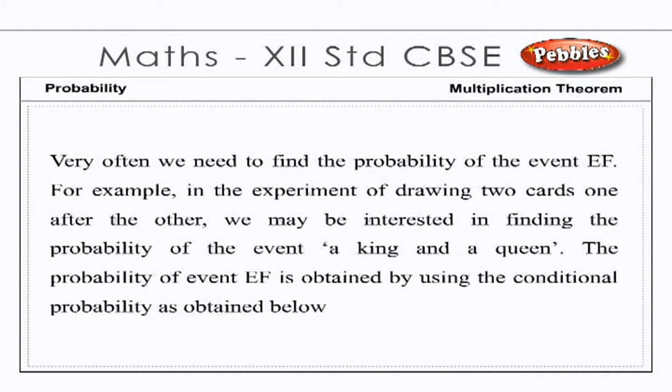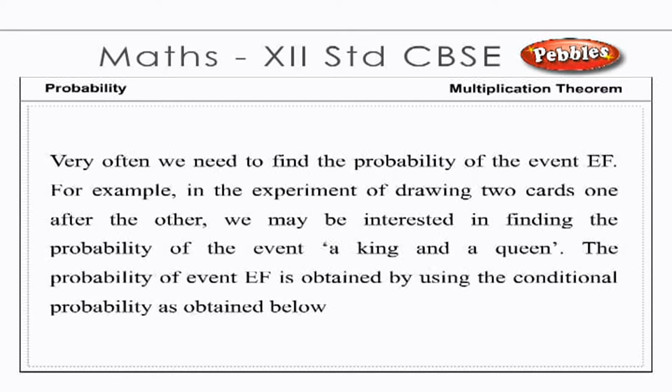Very often, we need to find the probability of the event EF. For example, in the experiment of drawing two cards one after the other, we may be interested in finding the probability of the event a king and a queen.